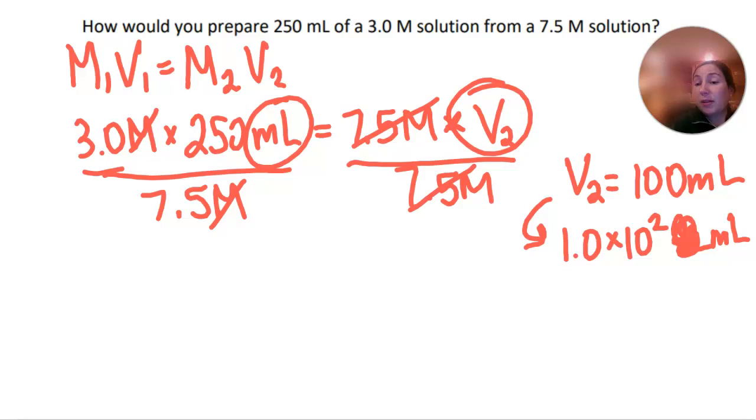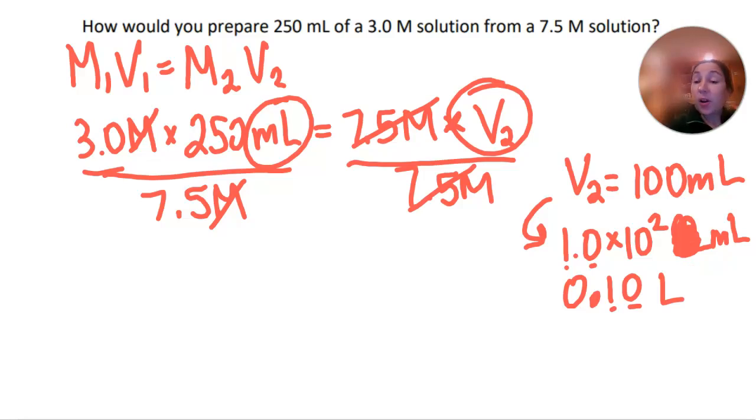Or we could convert it into liters, and if we convert it into liters, we'd have 0.10. And there would be our 2 sig figs in liters. Just getting a little ahead of myself. I was thinking, oh, next we'll switch it to liters, and I wrote liters instead of milliliters.